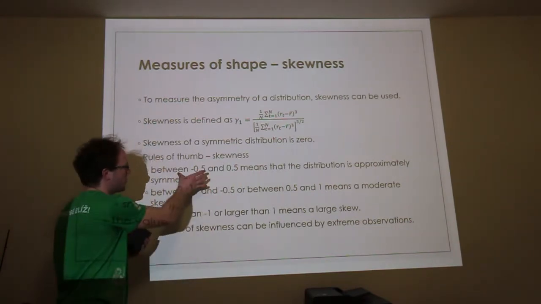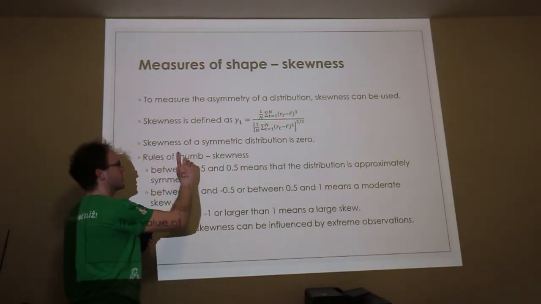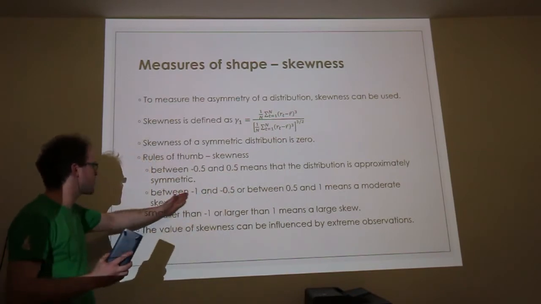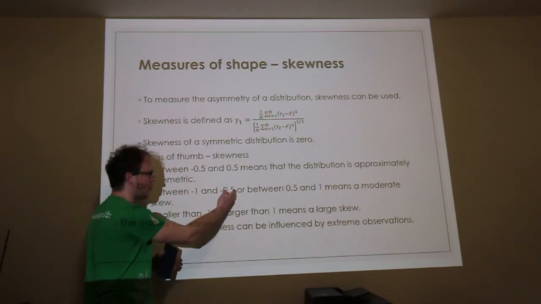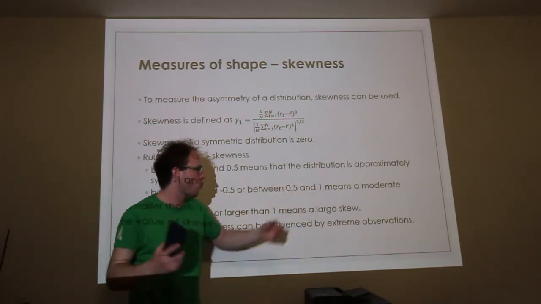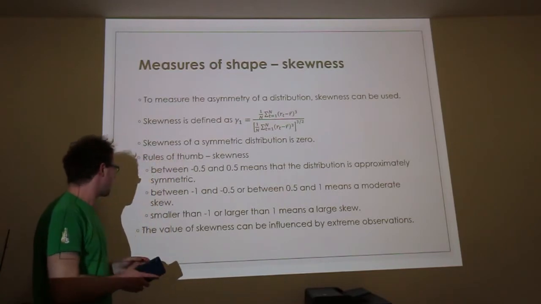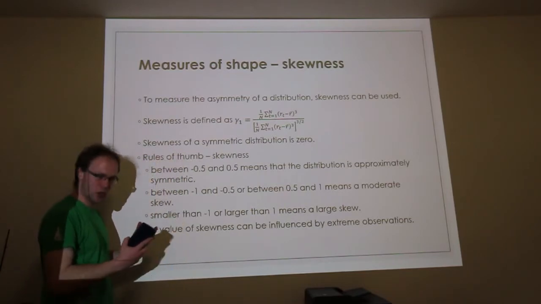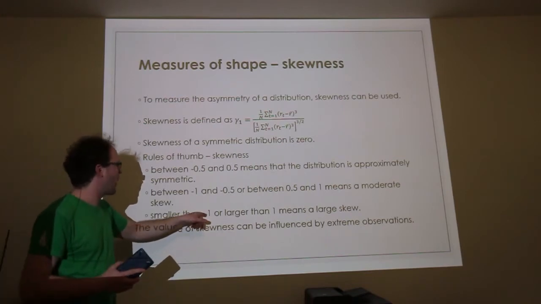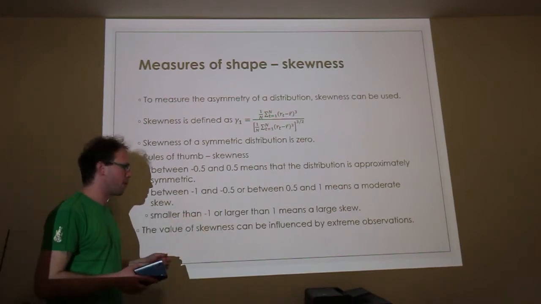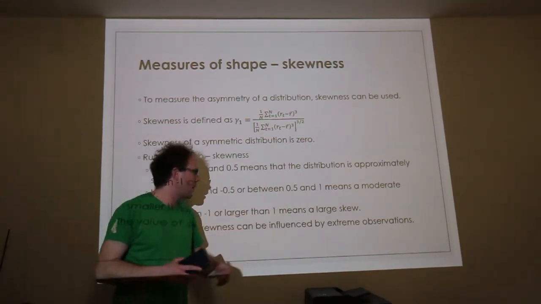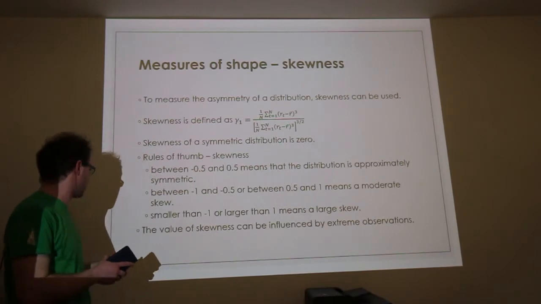Between minus 1 and minus 0.5, or between 0.5 and plus 1, means a moderate skew. And smaller than minus 1, for example minus 2, minus 3, or larger than 1 means a large skew.